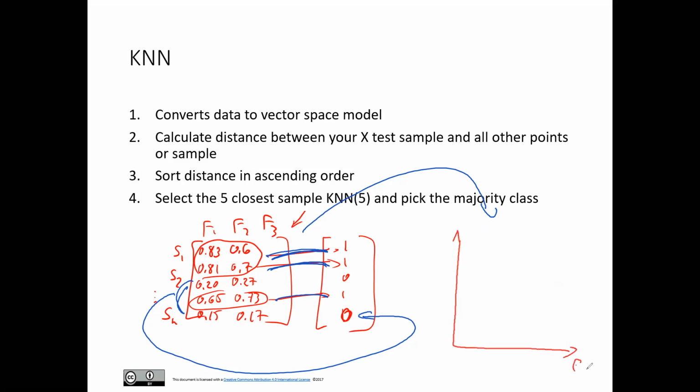So it's just going to be F1, F2. Remember, this is critical to understand the algorithm. This is what we want to understand here, the algorithm for KNN. So I'm going to plot 5 samples. I'm going to plot the first one, S1. If you notice, it's easy. 0.83, it's somewhere around here. Let me change color again.